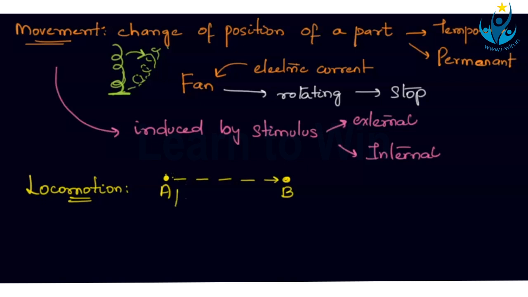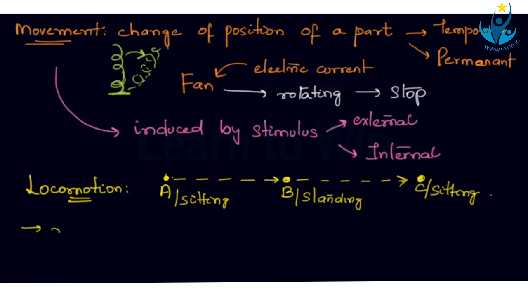So in point A, he is sitting, in point B, he is standing. Then after some time, he will move from point B to point C, where again he is sitting. So what is happening here? The individual is voluntarily moving his location, from one place to another.